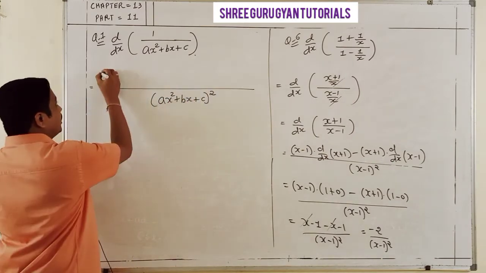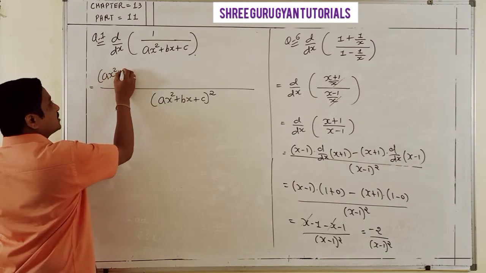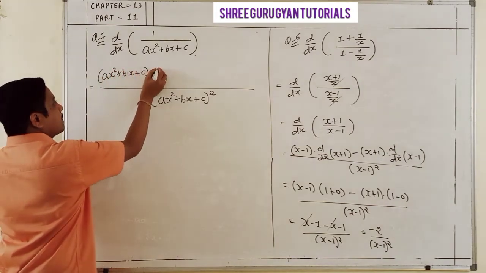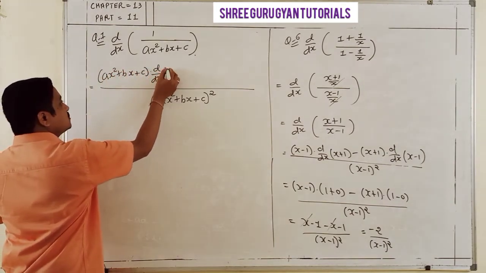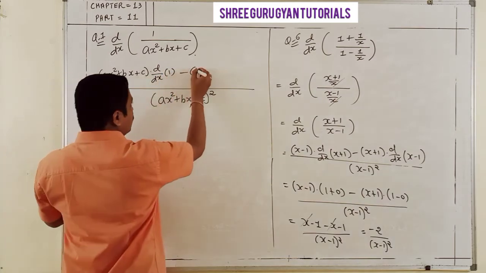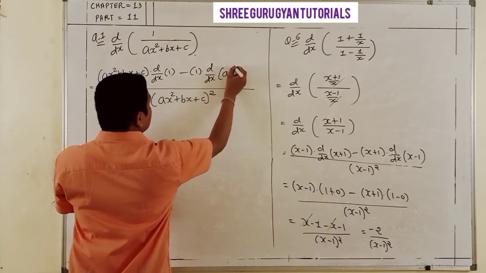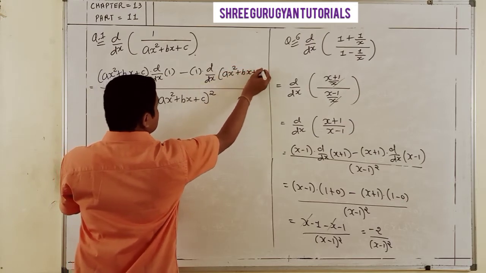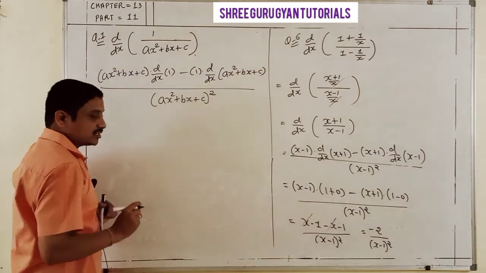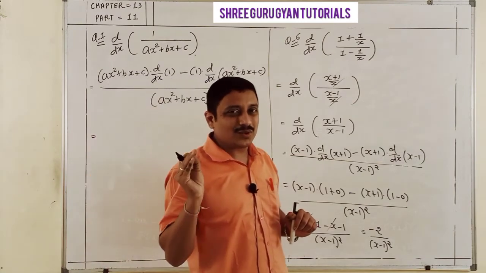Now in the numerator, the denominator times d/dx of 1, minus 1 times d/dx of ax square plus bx plus c. Now you will see the simple answer.